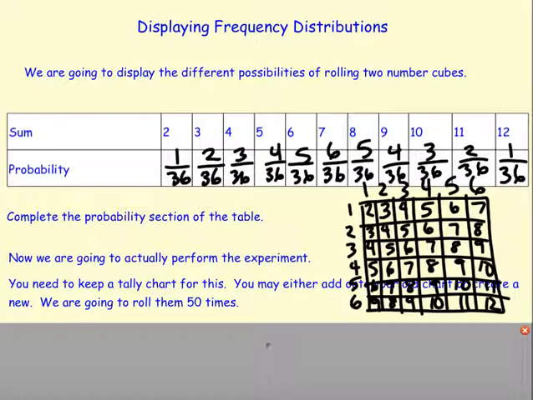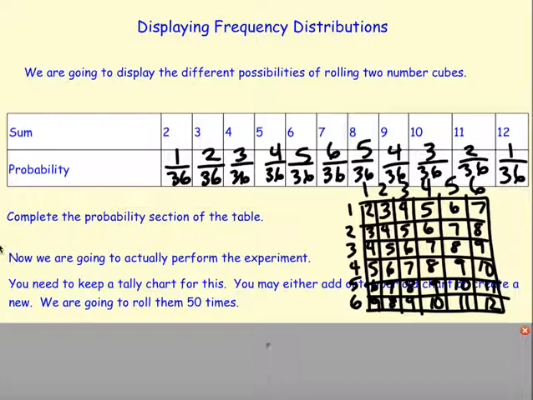Now we could also put these in a bar graph to show the theoretical probability. Remember that for bar graphs, the bars do not touch. We can also do an experiment for this, rolling our dice and seeing how the theoretical probability reflects the experimental probability, or maybe it doesn't.